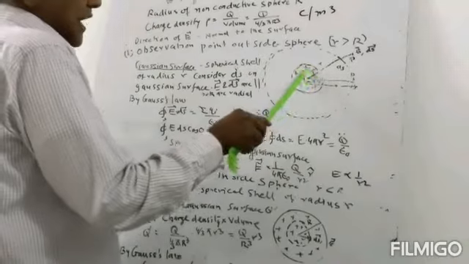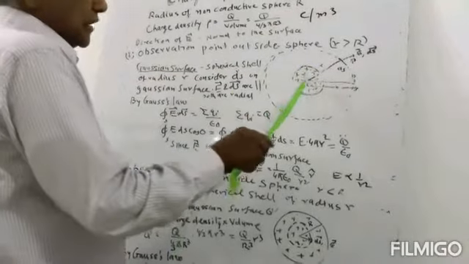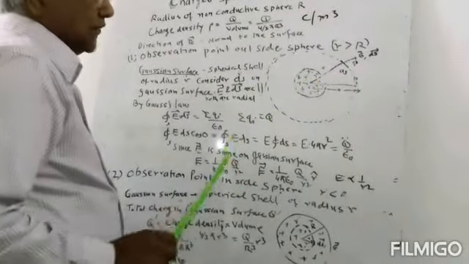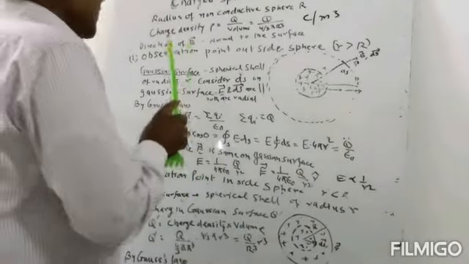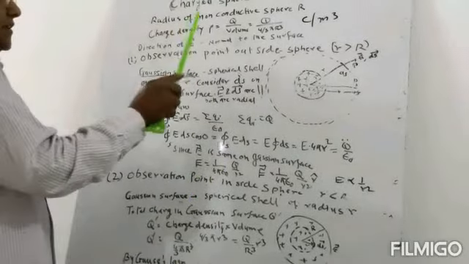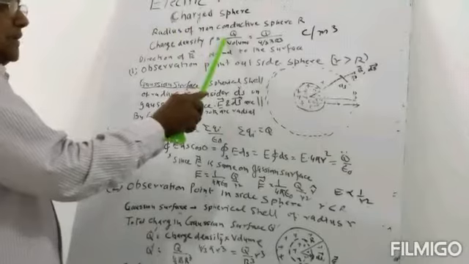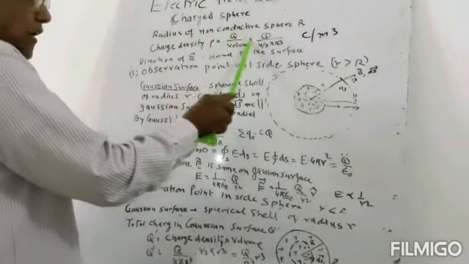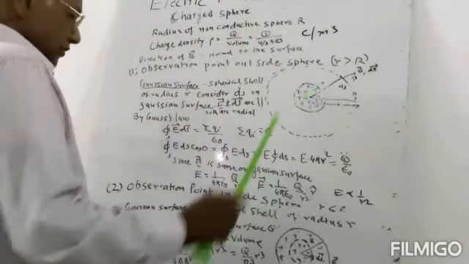Now what will be the charge in this Gaussian surface? It will be equal to the volume charge density multiplied by the volume of this Gaussian surface.